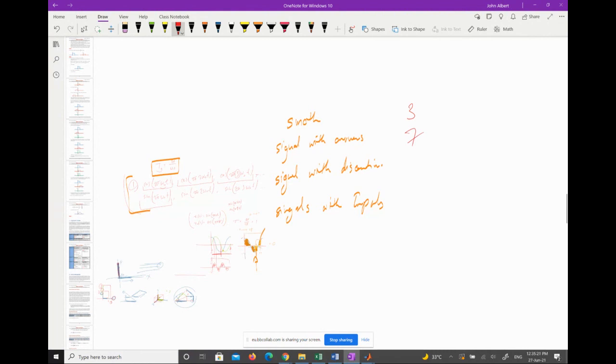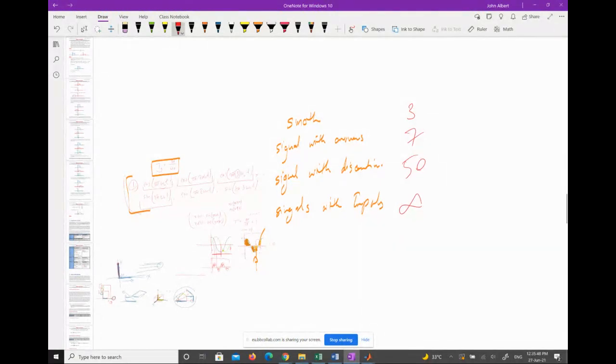Signals with discontinuities, you might need, for example, 50 sinusoids. It depends on a lot of things, but I'm just giving you an indication. Now, signals with impulses, very often, you'll need maybe an infinite number of sines and cosines to represent it, and I'll show you this as an example. So the more complicated your signal becomes, the more sinusoids you need to get a good approximation of it.